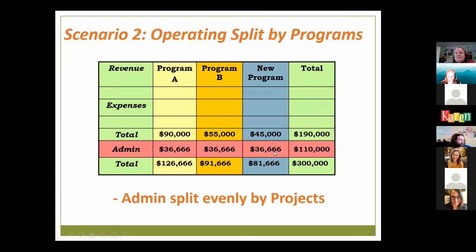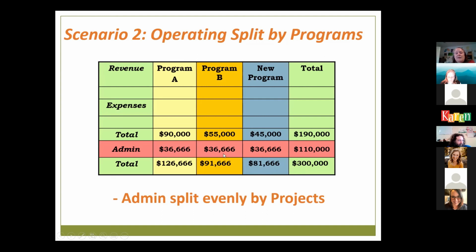So instead of thinking of our new program as a $45,000 a year program, we're going to ask our board of directors and staff to actually think of it as an $81,000 project. We're not changing the amount that we need for our organization, but we're allocating our admin to our programs.